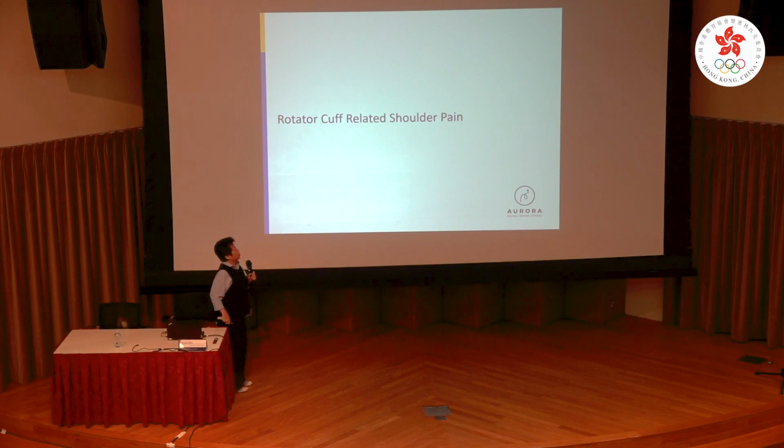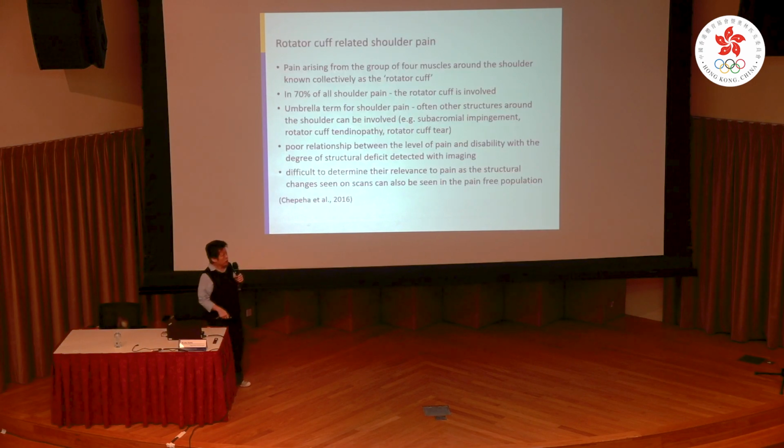Okay, so the next thing I wanted to look at, as a pathology, is people getting pain. Just now we were talking just about the musculature. A term being used now, rather than talking about a specific injury, in the literature most of the time people now use the term rotator cuff-related shoulder pain.